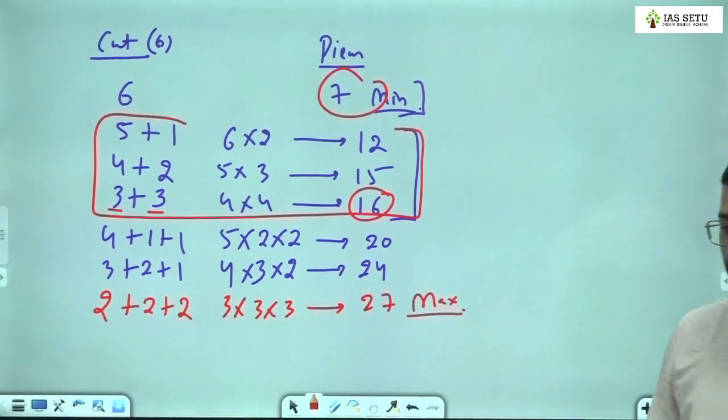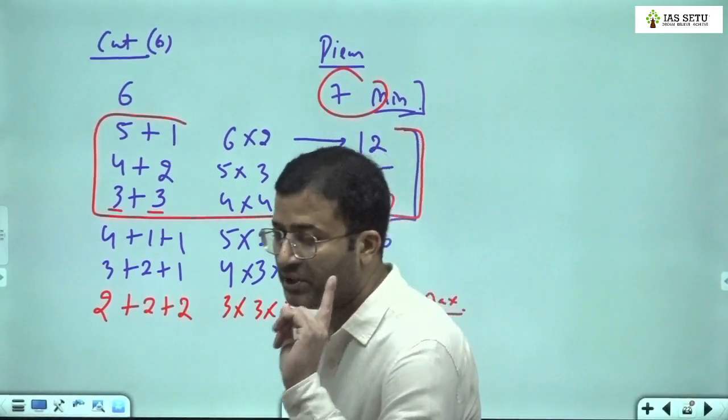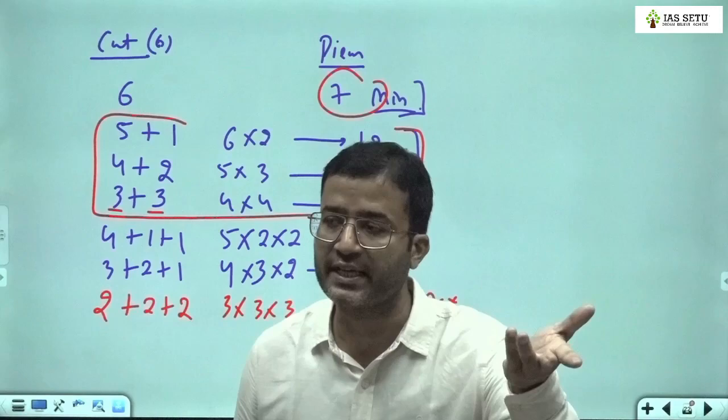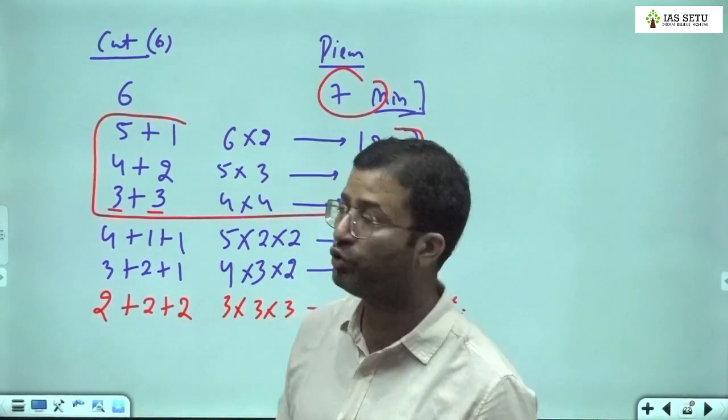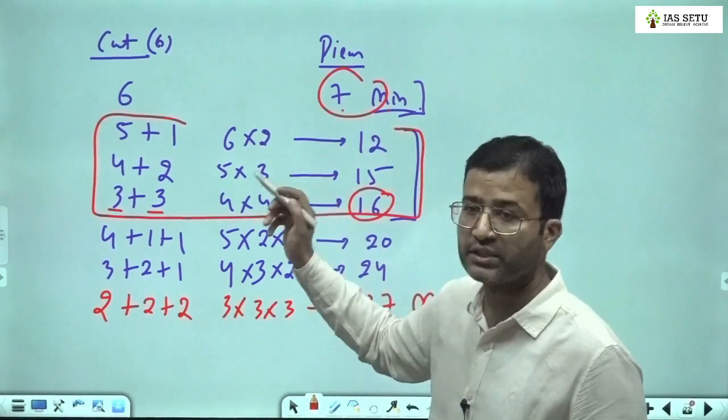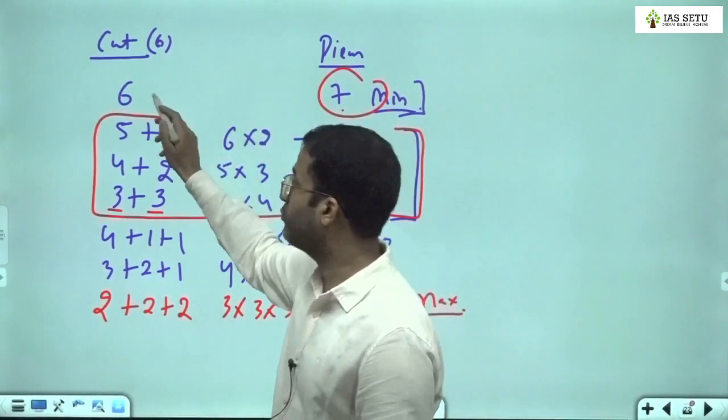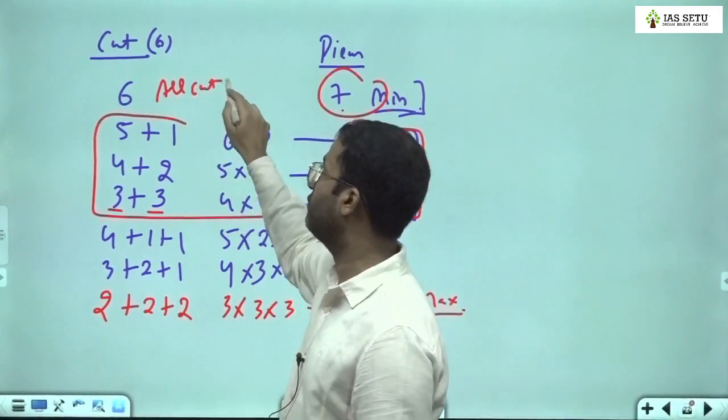Let me state these 2 observations again. Observation number 1, as we increase axes, the number of pieces increases. Observation number 2, if you need minimum pieces, there is only one way: you have to make all cuts on one axis.